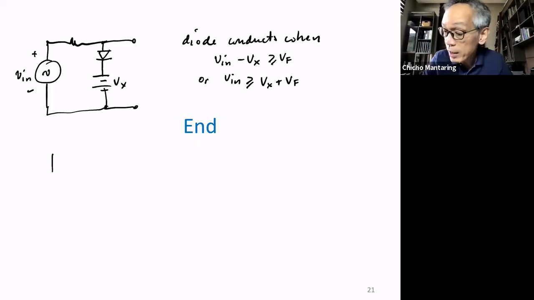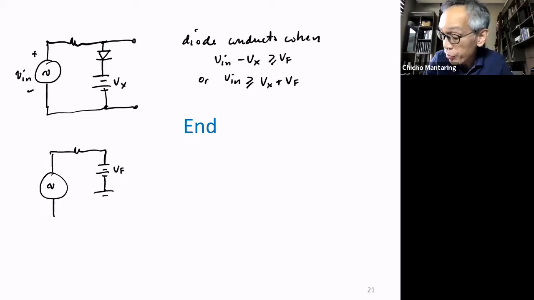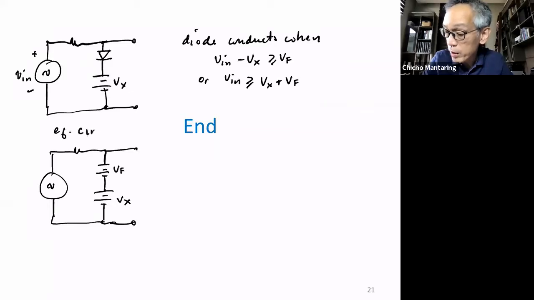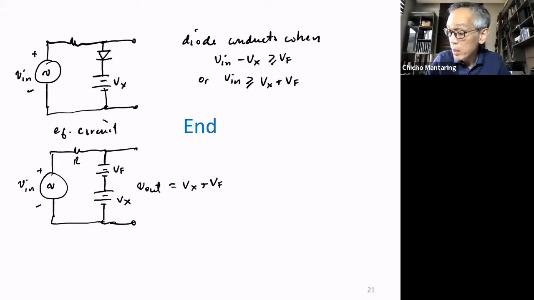And your equivalent circuit is going to be like this. Ito yung V f natin, ito yung V of x natin. This is equivalent circuit. So what is V out? V out will just be V of x plus V of f. No?